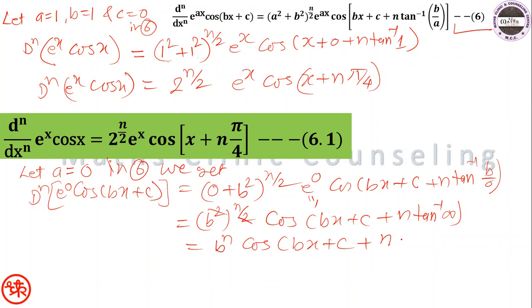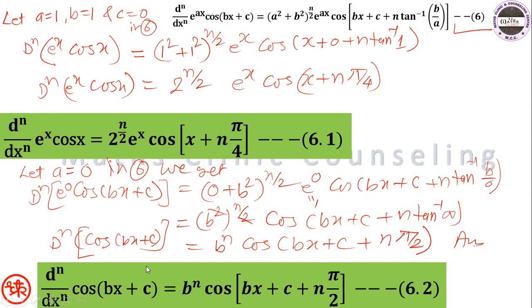So tan inverse infinity is pi by 2, and that is answer. So it is what, dn of cos bx plus c. Is that clear? So this is the formula. Is that clear? dn of cos bx plus c is equal to b to the power n cos of bx plus c plus n pi by 2.